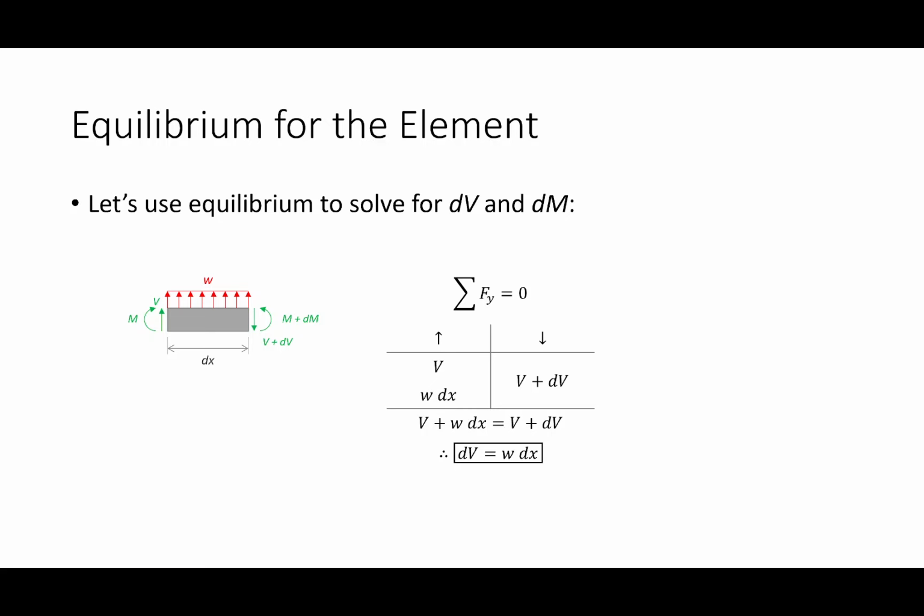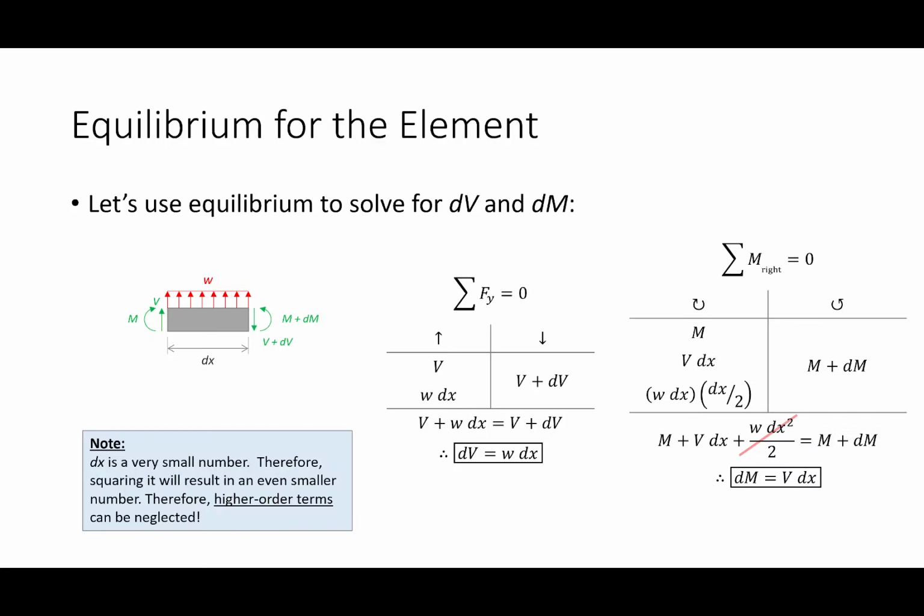That's exactly what I got here. So here's the idea. If I have a constant load, that would be a linear shear diagram. A linear shear diagram would be a quadratic moment diagram. Does that make sense? Okay.